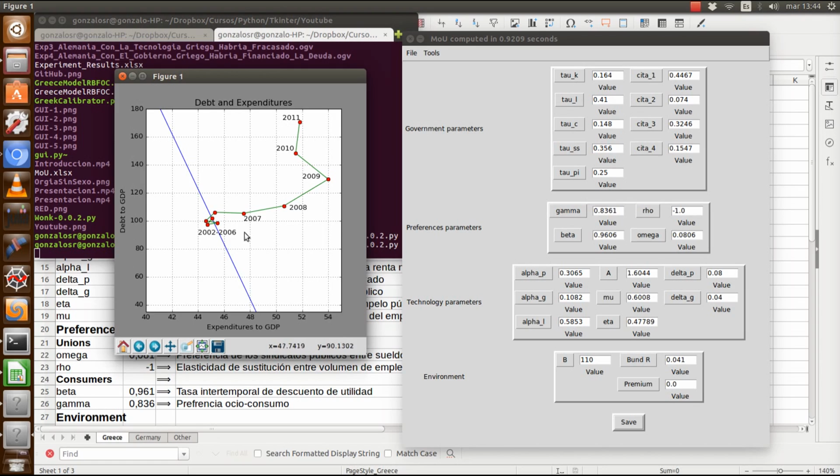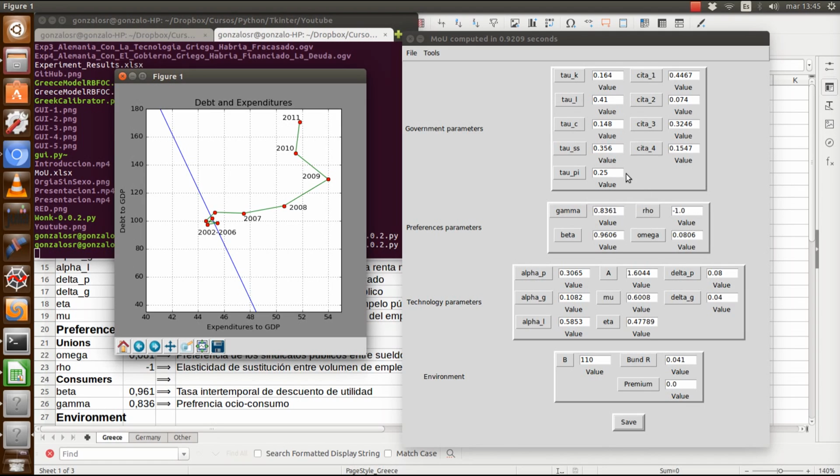One of the experiments we can do is to change the parameter values of the Greek economy and put here the public parameters of the German economy. So now we are going to change the taus and the way that the budget is distributed in the economy. We are going to load these values for Germany while keeping the rest of the values constant.